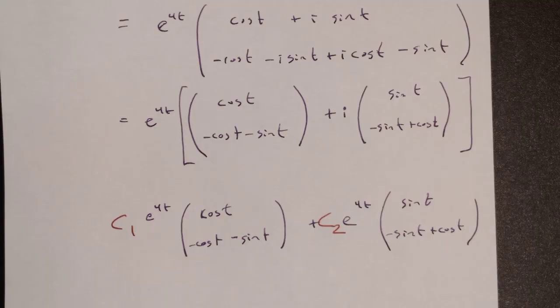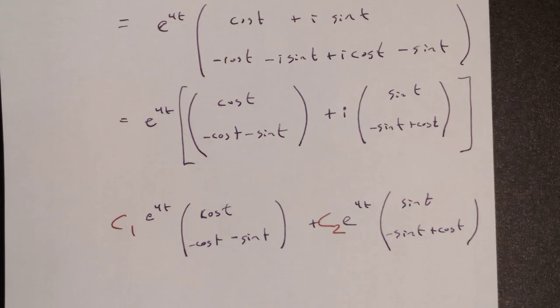Visually, what I get are spirals. e to the 4t. What happens as t goes off to infinity? It gets big, right? Which means these spirals go out. If it was e to the minus 4t, then the spirals would be going in, wouldn't they? And if it was e to the 0t, we'd just be going around and around and around, wouldn't we?